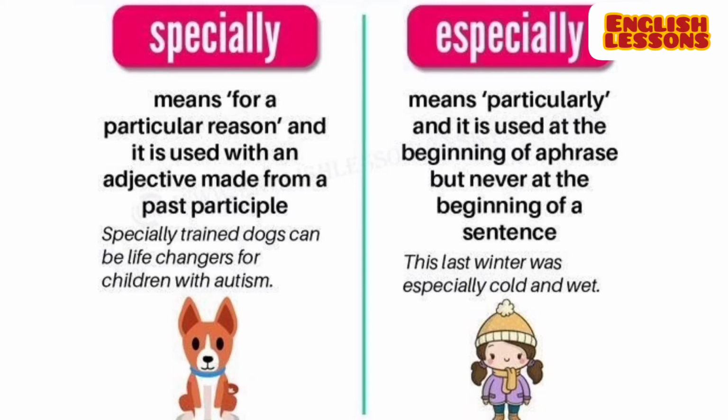Especially means particularly, and it is used at the beginning of a phrase but never at the beginning of a sentence. Phrase and sentence are different. For example, this last winter was especially cold and wet. That's number 7.